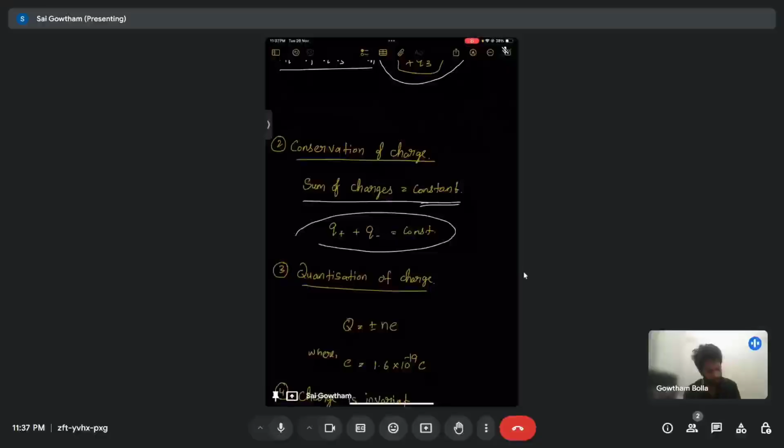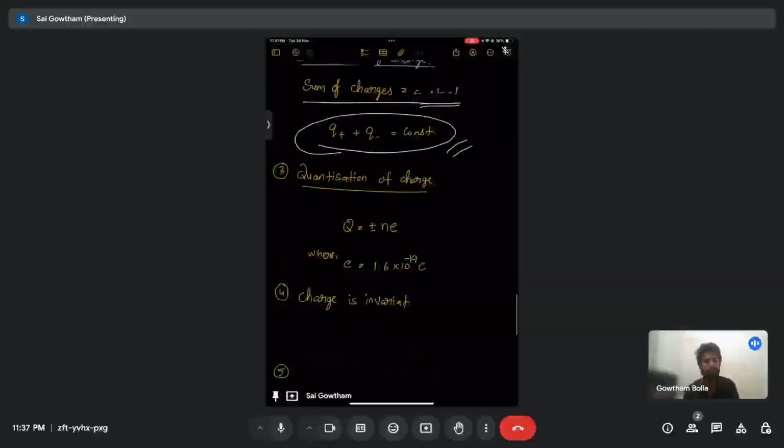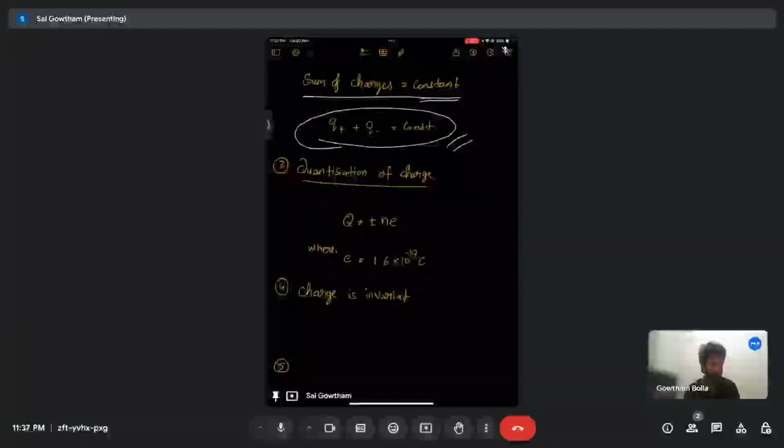Coming to the next property, that is the quantization of charge. Quantization of charge means the electronic charge is multiplied by a factor n, that is the number of electrons, and then we get the net charge.